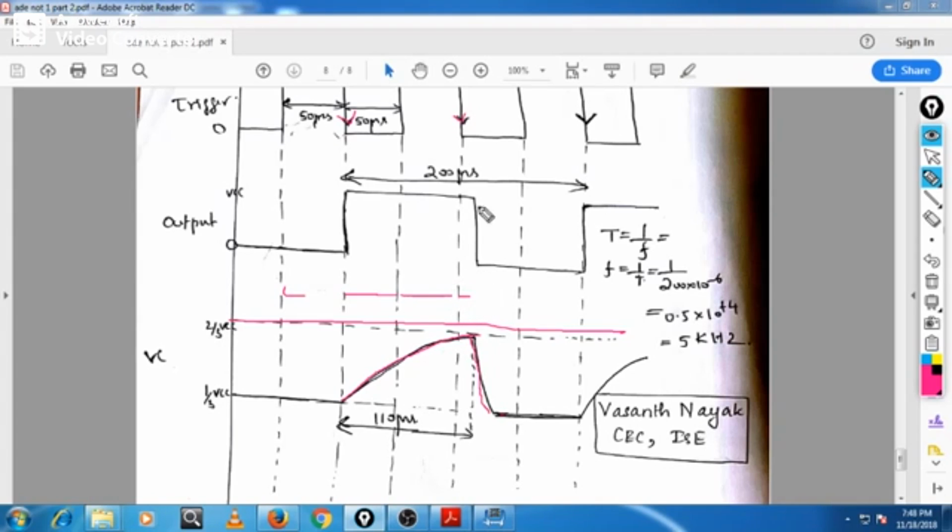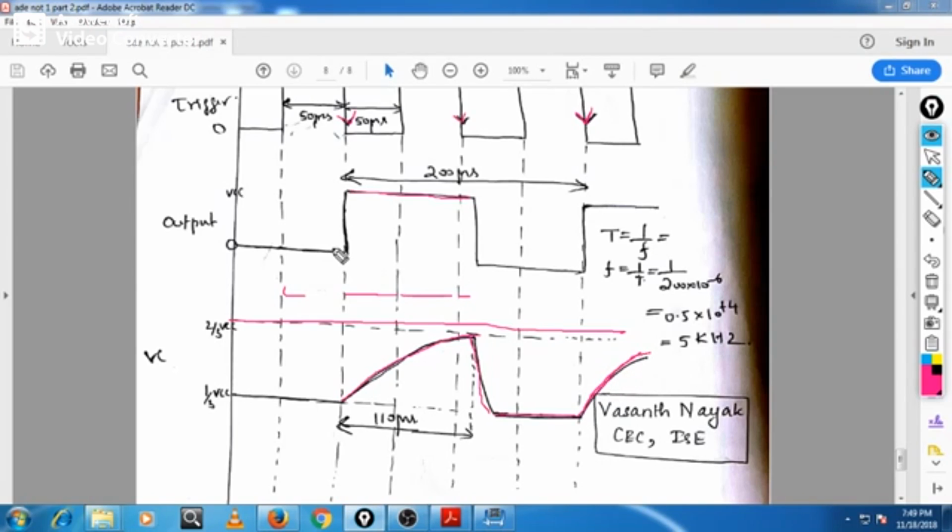Here you can see it is at high level voltage, that is logic 1. It is not in logic 0. Only when it is in logic 0 can you trigger it. The next negative edge is here, so till here it remains at 0 voltage. At this stage it gets triggered once again because of a negative edge of the trigger, and the capacitor is going to charge once again.